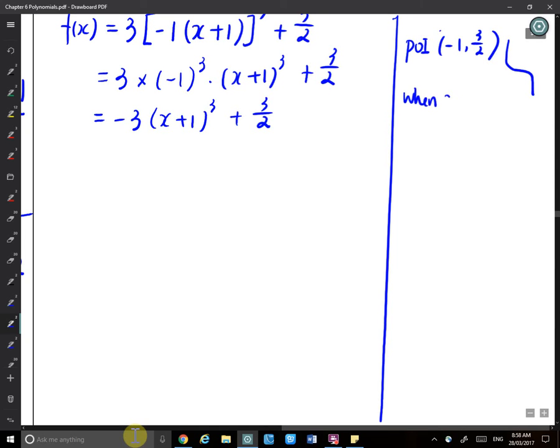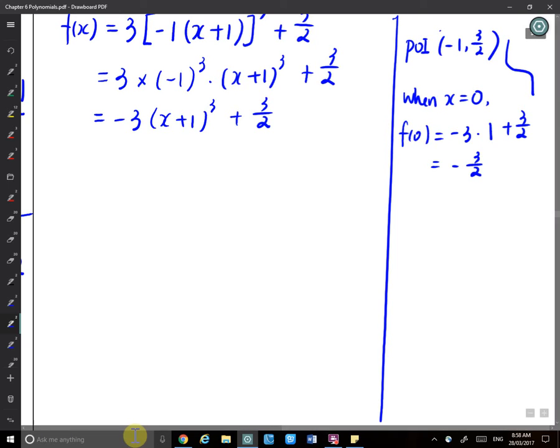So when x equals 0, f(0) will equal minus 3 times (0 plus 1), which is 1, 1 cubed still 1, plus 3 over 2. Minus 3 is minus 6 over 2, plus 3 over 2 is minus 3 over 2. So I have (0, minus 3 over 2).